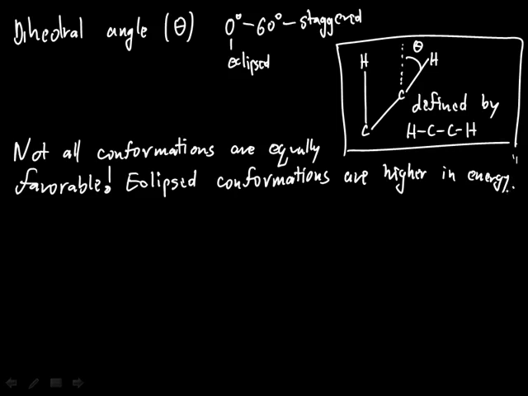Now, when we talk about these energies of conformations, we need to think what is the parameter that makes one conformation more stable than the other, and what is the thing that changes with the change in the dihedral. And the answer to this question is that the thing that changes is the distance between the CH bonds. And each CH bond has 2 electrons in it, so each bond is a center of electron density.